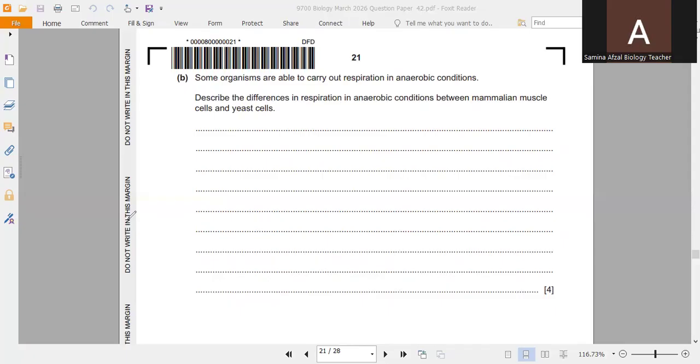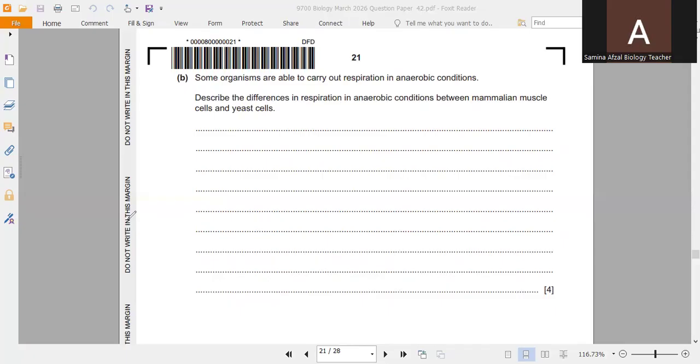And the enzymes involved in both of these processes are different in mammalian cells and yeast.